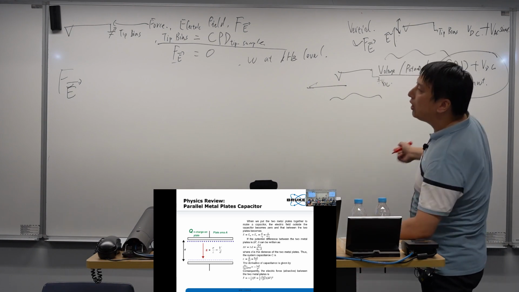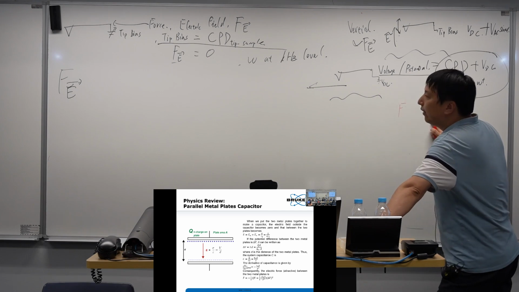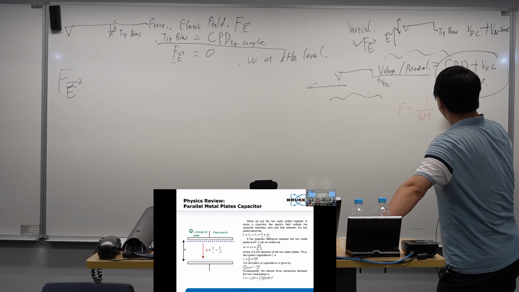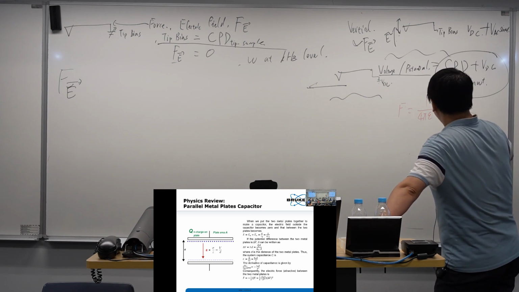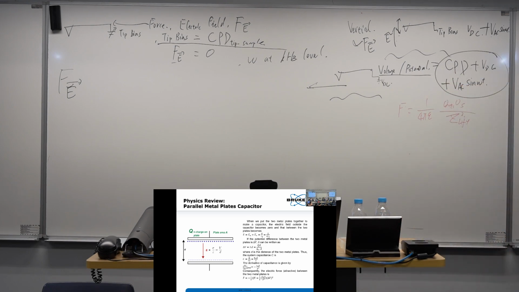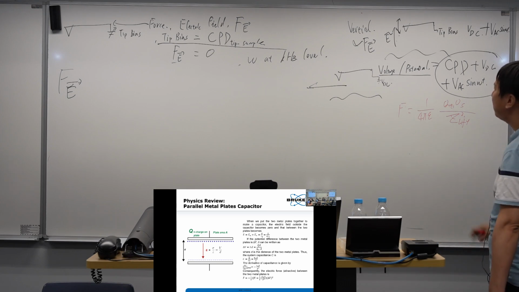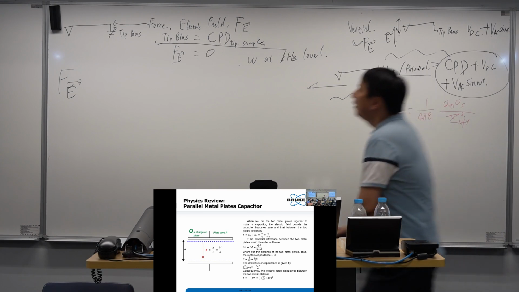Of course, we can still use, from the beginning, Coulomb's law, 1 over 4 pi epsilon, Q tip, Q sample, over Z lift square. But how to calculate Q tip, how to calculate Q sample, it's too difficult for me. So I make this model a little bit easier.